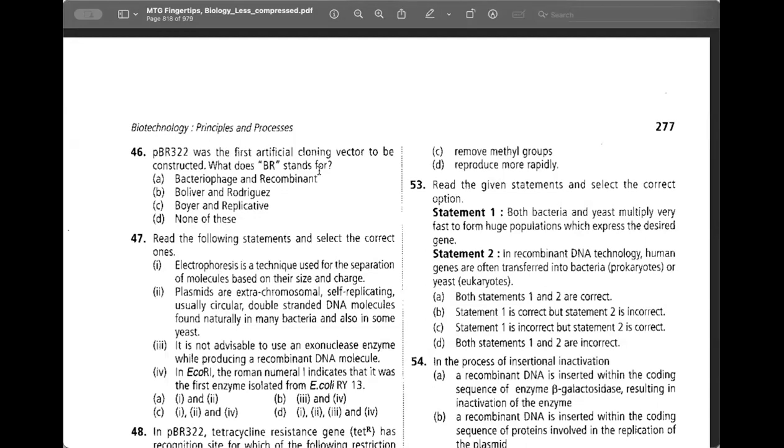But then I knew that I don't have to do all 60, but I need to be sure that I should get 65, 70% correct marks. That's all. So I just planned that I'll do 42 questions. I did 42 questions and I didn't even try or attempt the others.